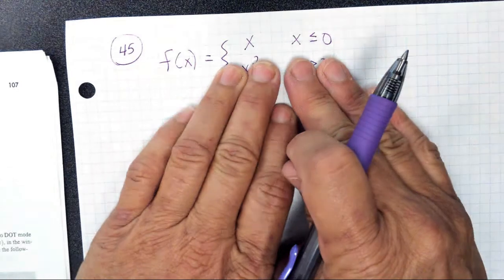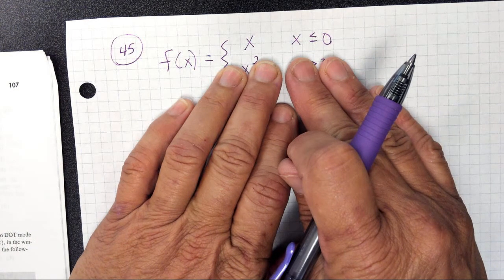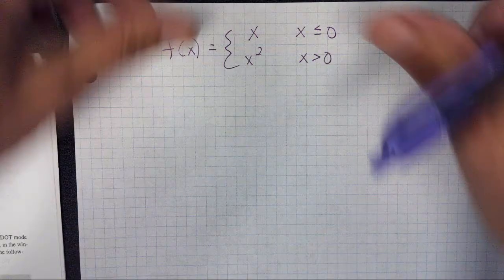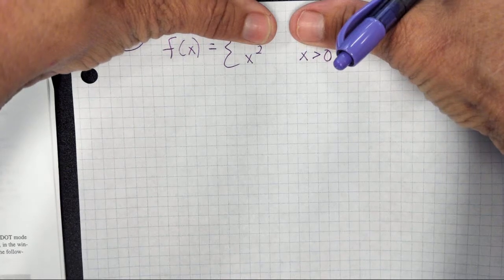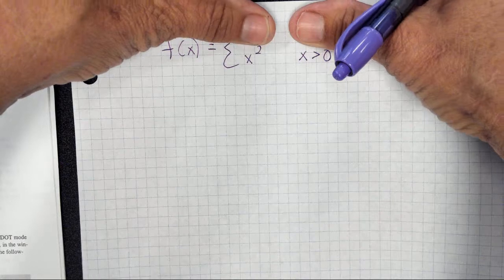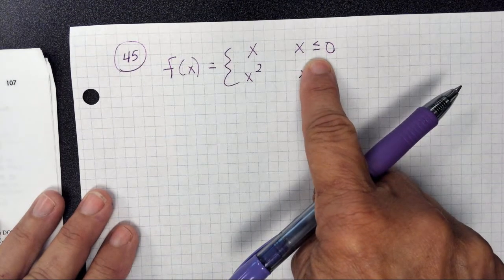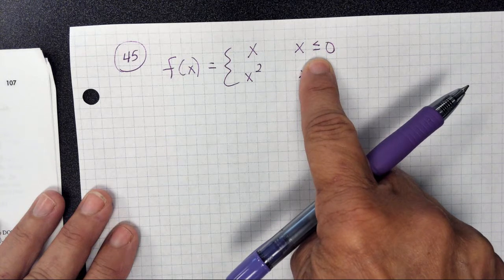What is that? F of x equals x. Parent line. Identity. 1, 1, 2, 2, 3, 3, 4, 4, 5, 5, right? What is that? Parent parabola. Right? But I only want to graph the parent line from 0 to the which direction?